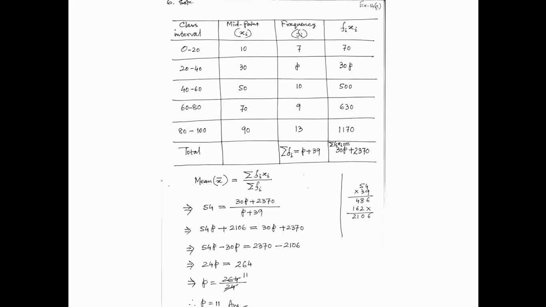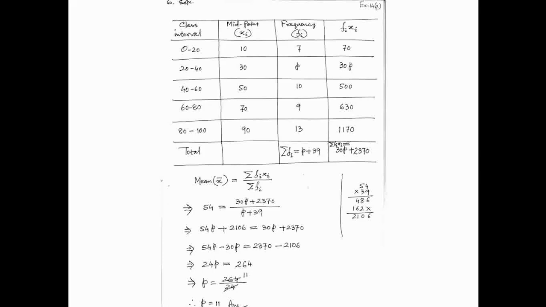Mean is already given, 54. And from the question, I have arranged all the class intervals. Then, after that, I have calculated the midpoint of each class interval. Then, in the question, the frequency is given and I have written it here.